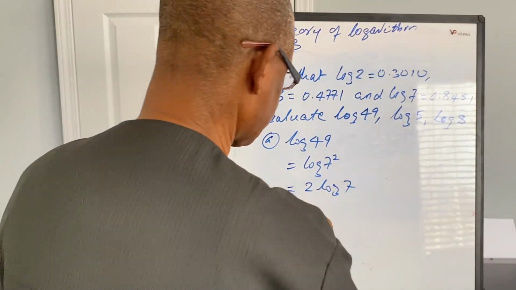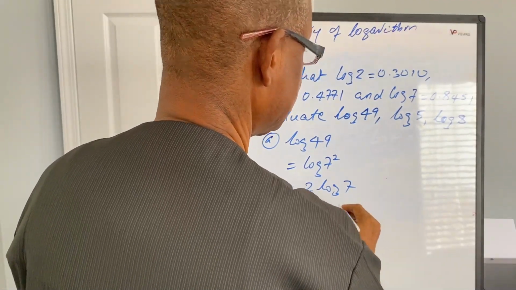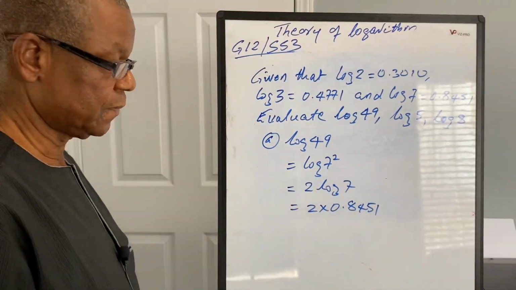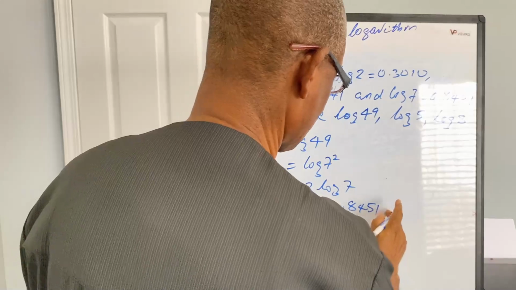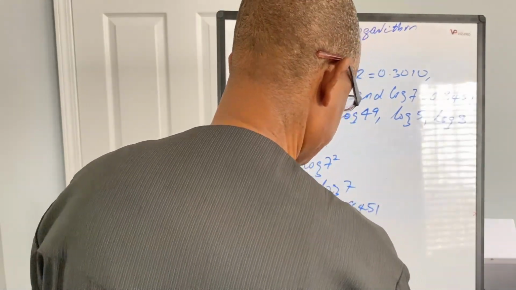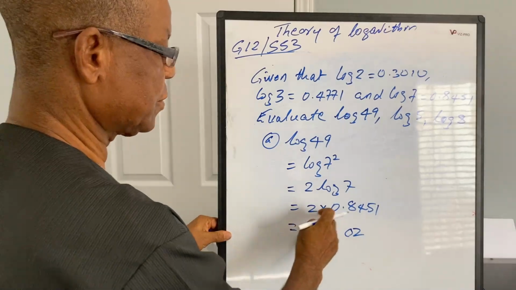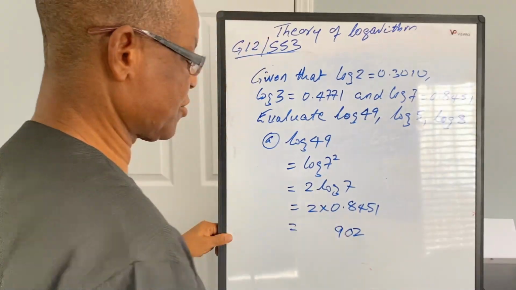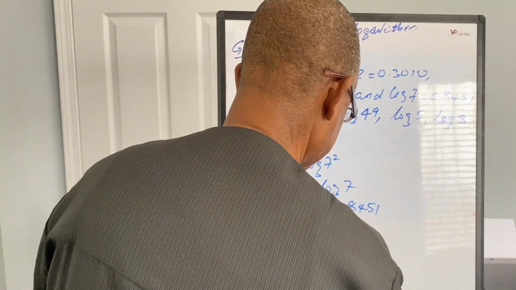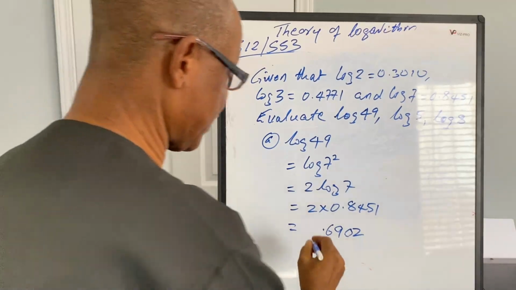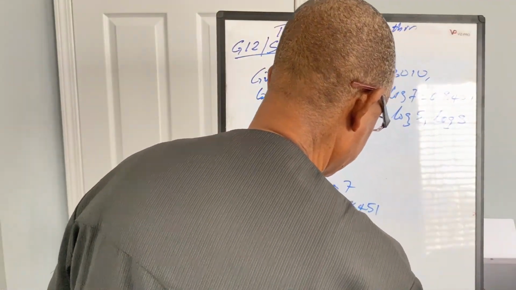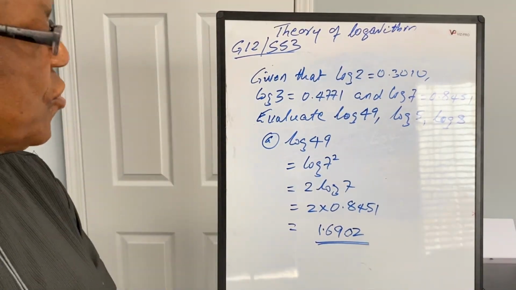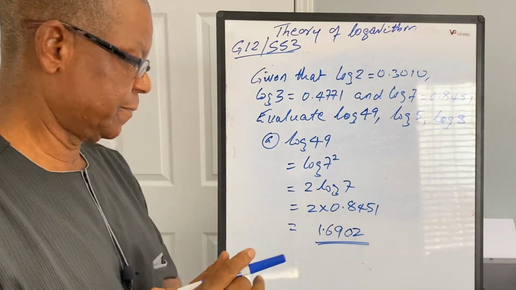We now pick the value of log 7 as given, times 0.8451, resulting in 2 times 1 will give us 2, 2 times 5 is 10, 0 carry 1, 2 times 4 is 8, 8 plus 1 is 9, and 2 times 8 is 16, we write 6 and carry 1, and 2 times 0 is 0 plus the 1 we carried, 1. We have evaluated log 49 using the given log.